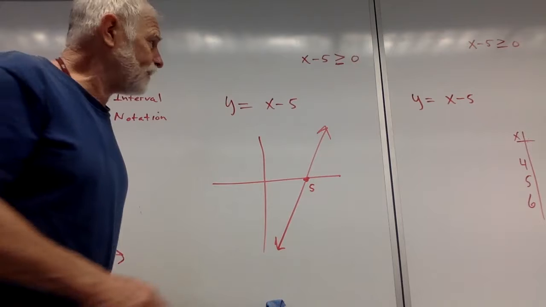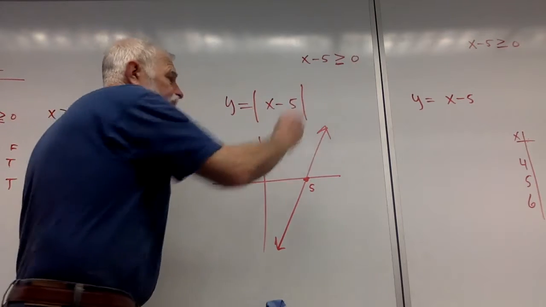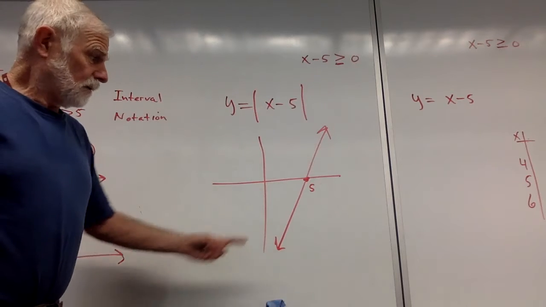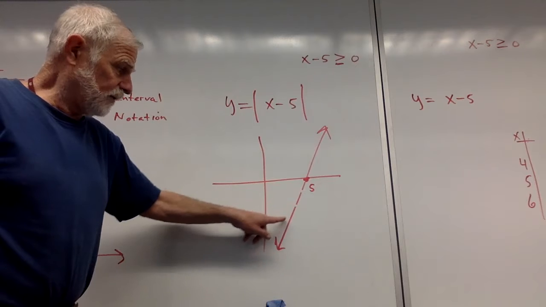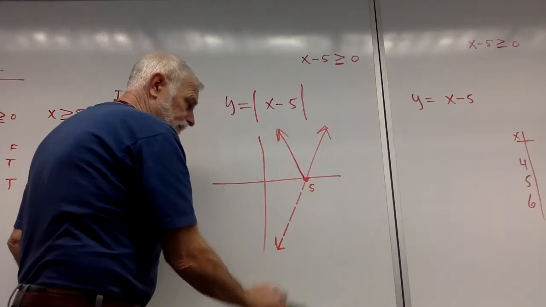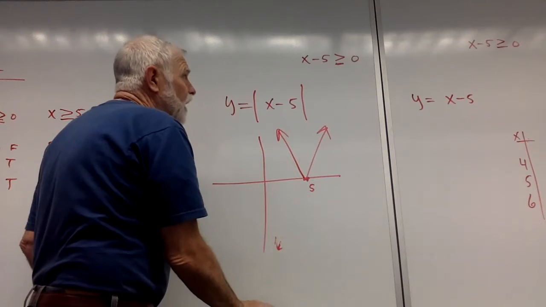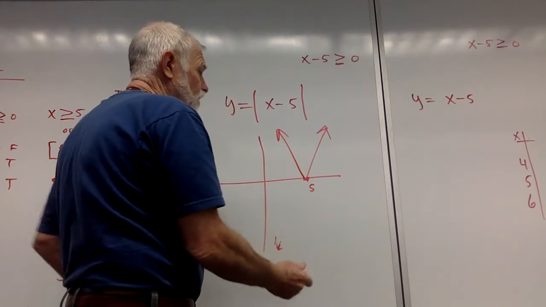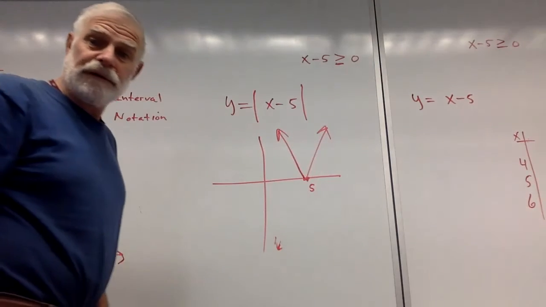Now the question is, what happens if I hit that with an absolute value? Well, I hope you say these negative values now become positive. And so when is the absolute value of x minus 5 greater than or equal to 0? Well, you can look at the graph and say always.